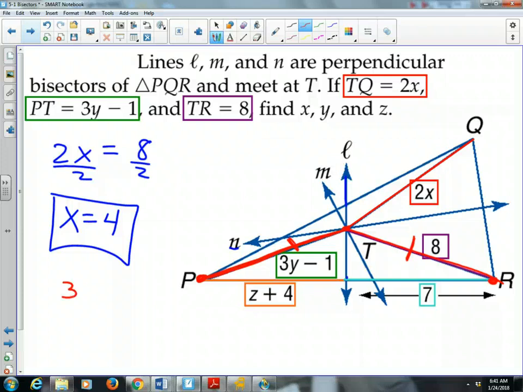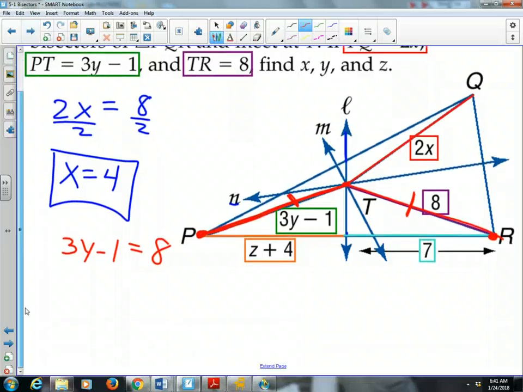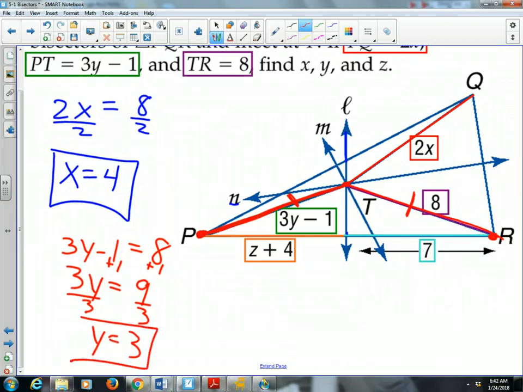So 3y minus 1 equals 8. They are equal distances away because T is on the perpendicular bisector. So we solve for y. 3y equals 9 when we add 1 to both sides. And then we divide both sides by 3. So y equals 3. So I got x to equal 4. I got y to equal 3.